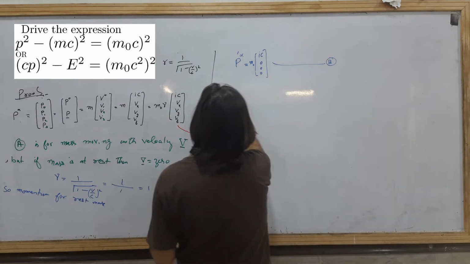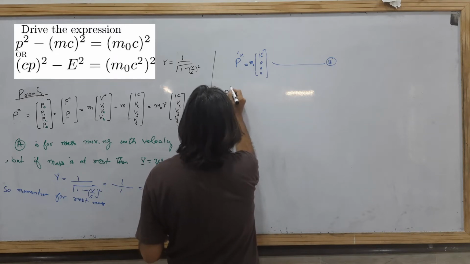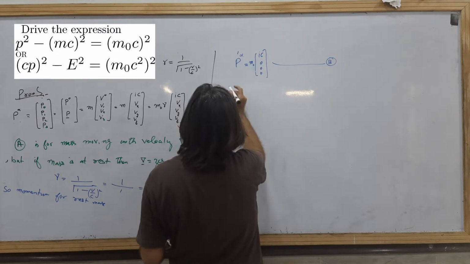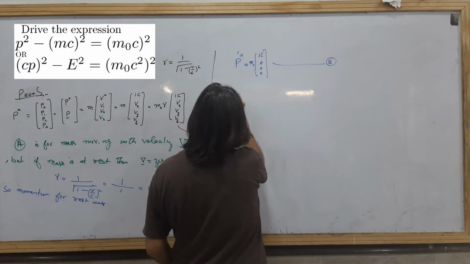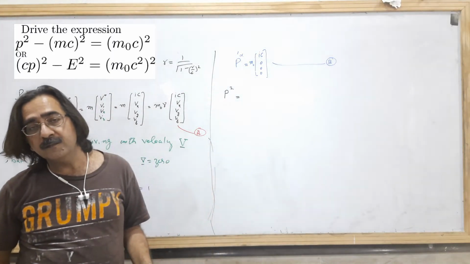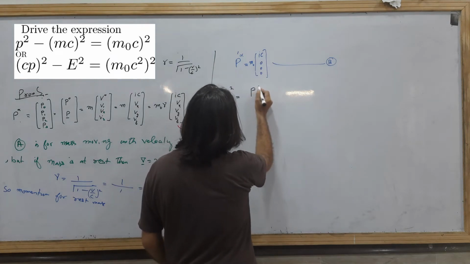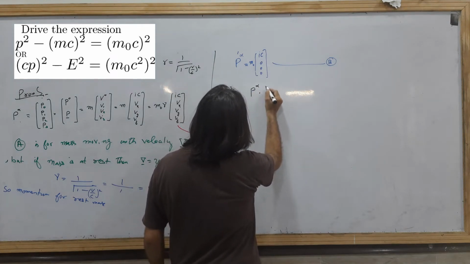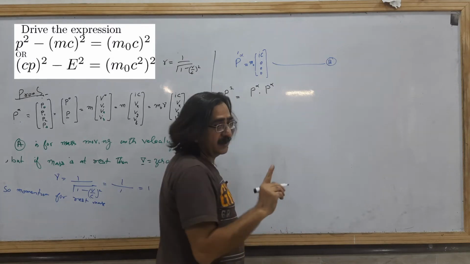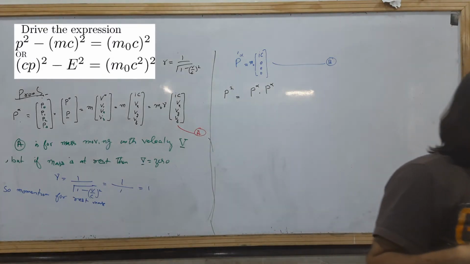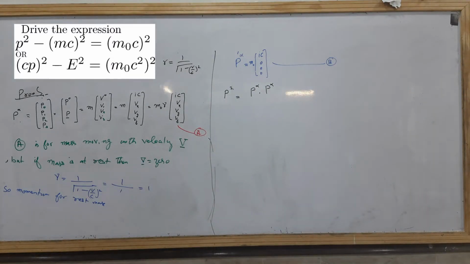From P alpha, what will be P squared? P squared will be P alpha dot P alpha. I have already explained, whenever you are interested to find the square, that is the square of the magnitude of that vector, and that can only be found by taking the dot product.